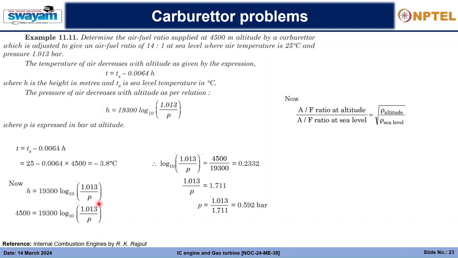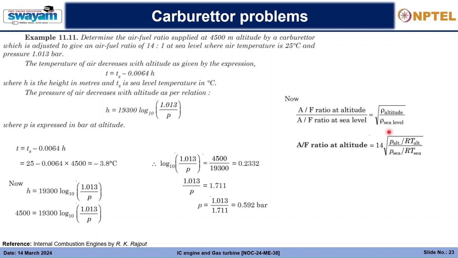So now the air-fuel ratio at altitude divided by air-fuel ratio at sea level is given by rho altitude by rho sea level. If you note, the air-fuel ratio at the altitude is 14 into P altitude divided by R T altitude.